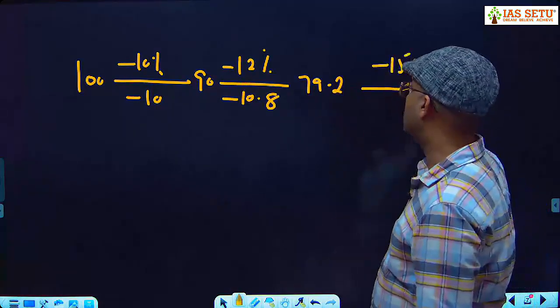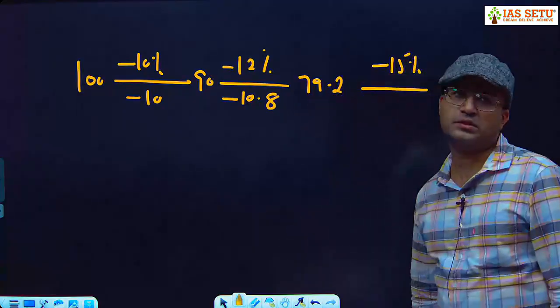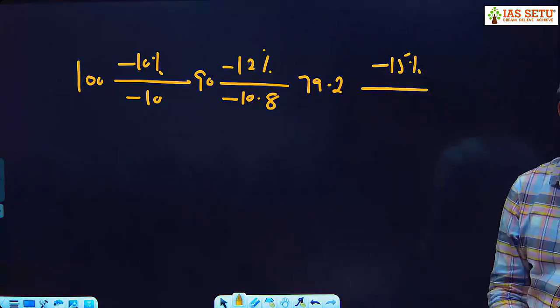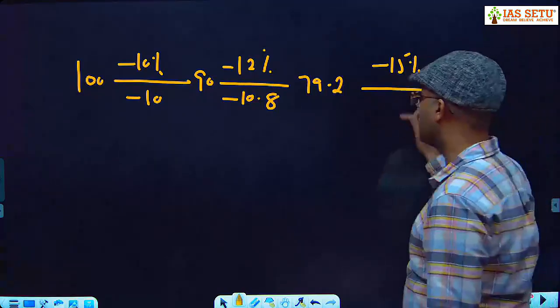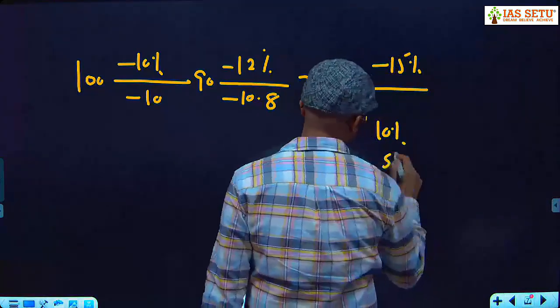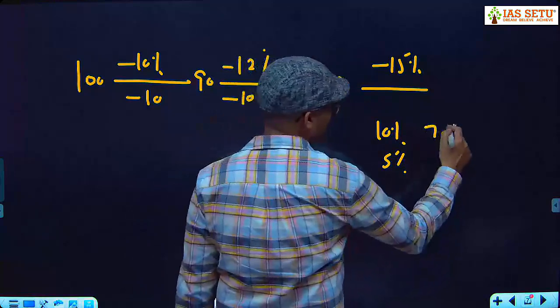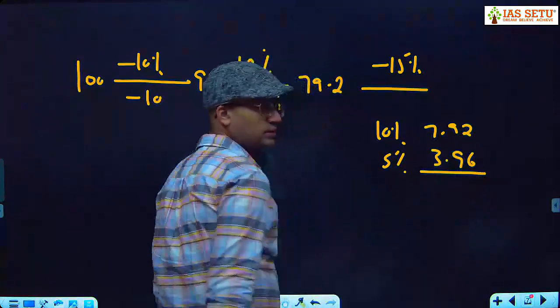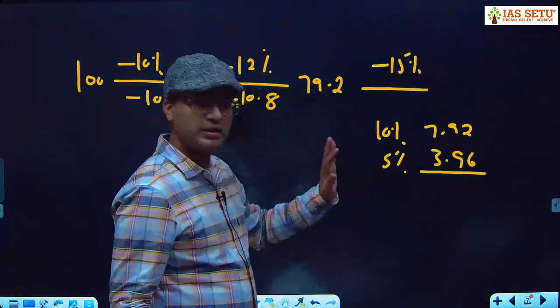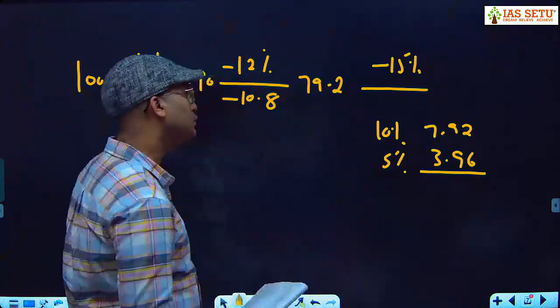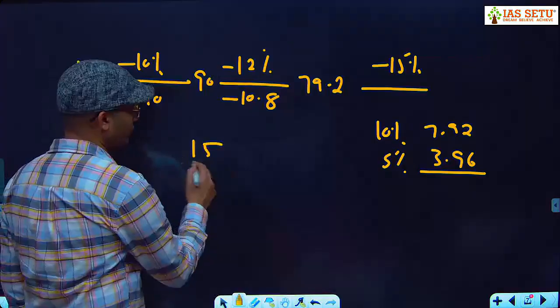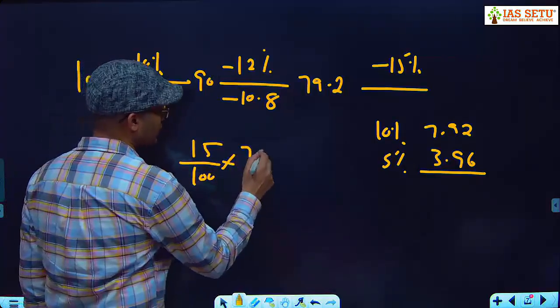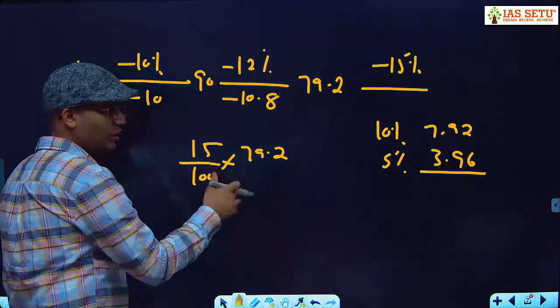Then third discount is 15% of this. You can do 10% and 5%. If I have to do this calculation, I take 10%, 7.92, 5% is half, which is 3.96. 10 का आधा 5% होता है. अगर नहीं तो स्कूल कैलकुलेशन कर लो 15/100 इंटू 79.2. थोड़ा टाइम लगेगा.